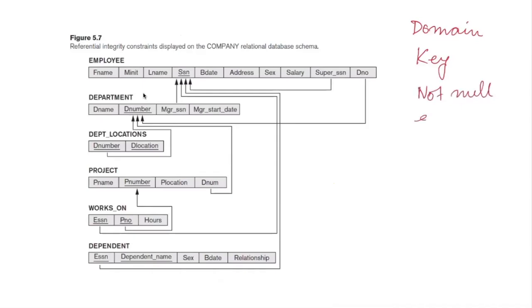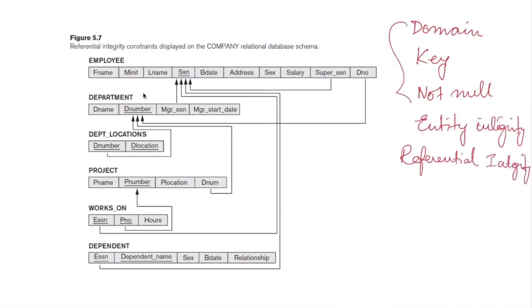Then we have entity integrity, and we have referential integrity. So these are the various integrity constraints that are there in the relational model.